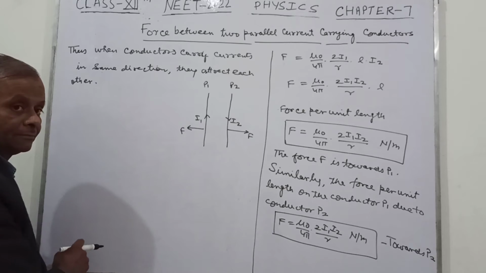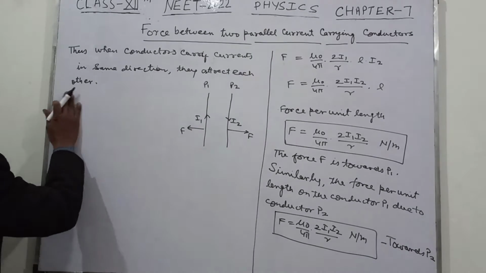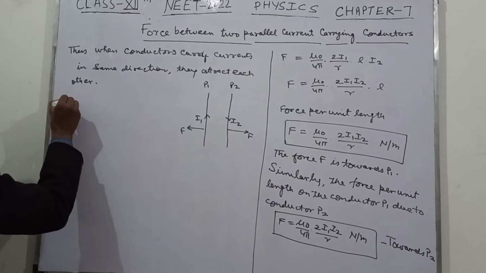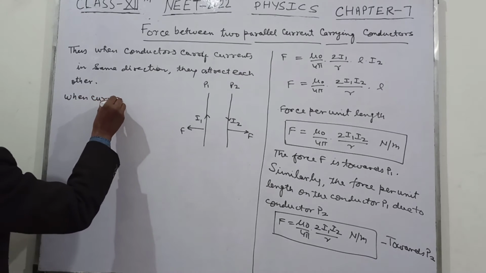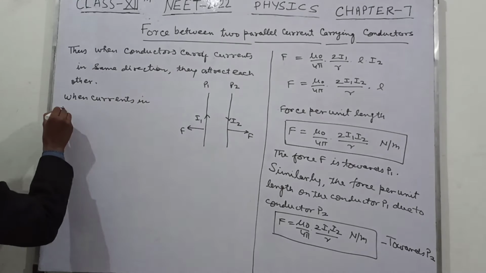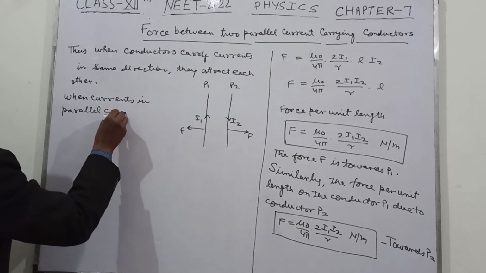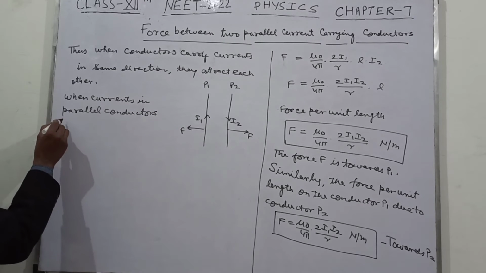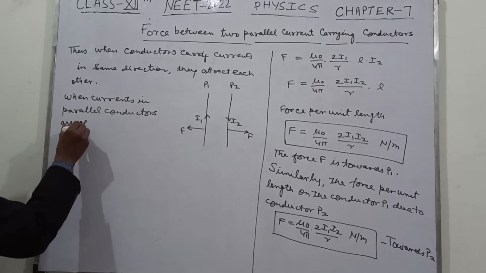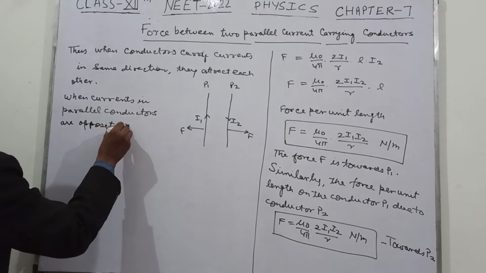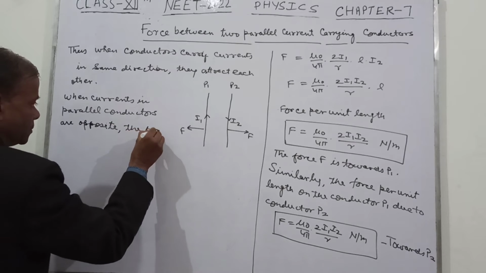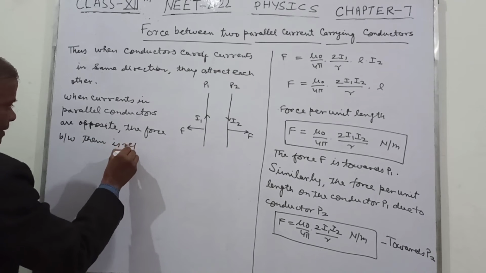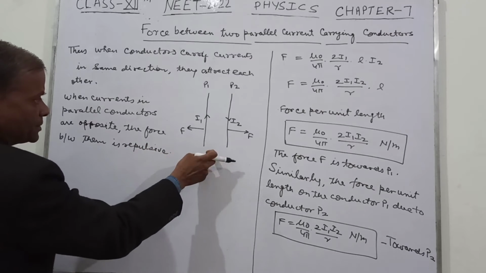So when currents in parallel conductors are opposite, the force between them is repulsive, like this.